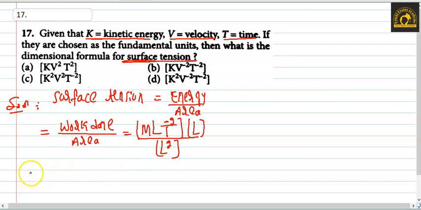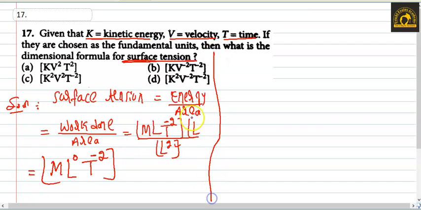Then the surface tension dimensional formula is M L to the power of 1 plus 2 minus 2. These cancel each other, that is L to the power of 0. Then T to the power of minus 2. That is the dimensional formula for surface tension.